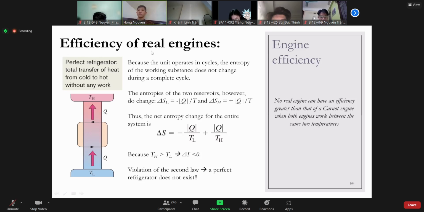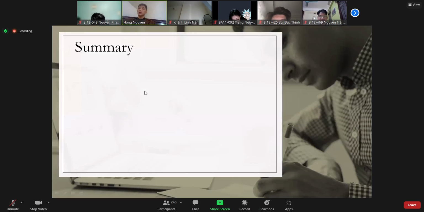Then we can prove already that no real engine can have an efficiency greater than that of a Carnot engine when both engines work between the same two temperatures. Okay. So, do you have any questions? If not, we summarize.